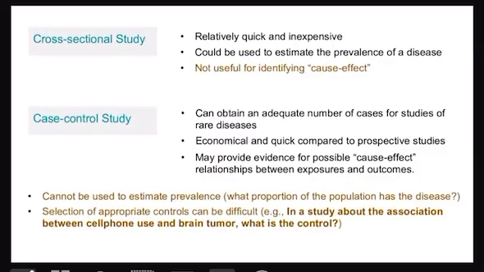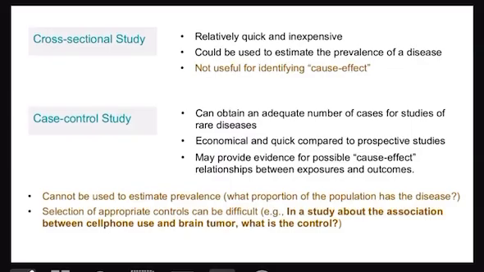On the cross-sectional study, like I said, it doesn't take into consideration the order of outcome and exposure, is relatively quick, not expensive, and could be used to estimate the prevalence of a disease. Like, what is the probability of having a disease in a population? That's what we call prevalence.